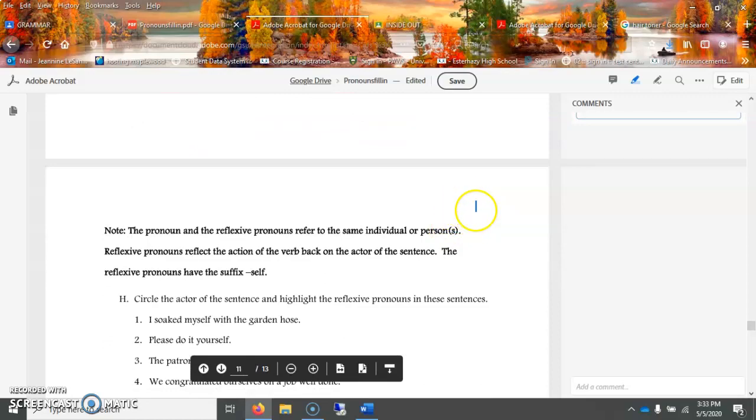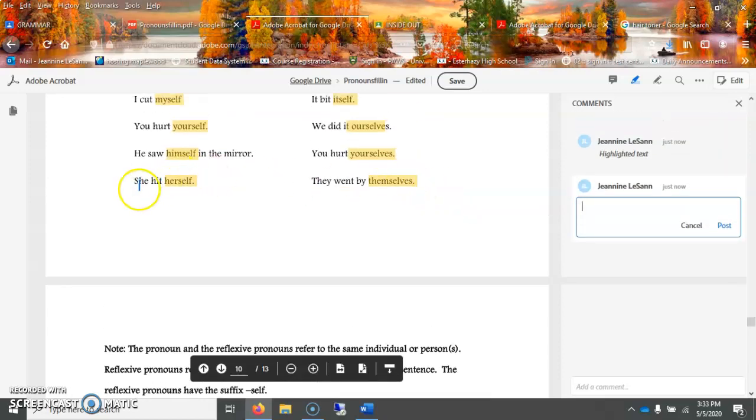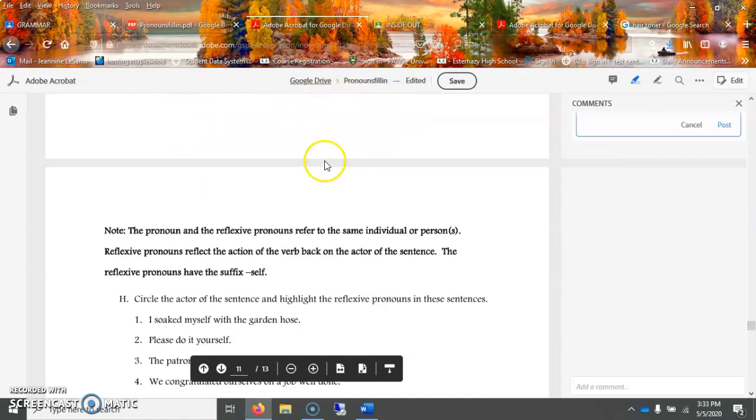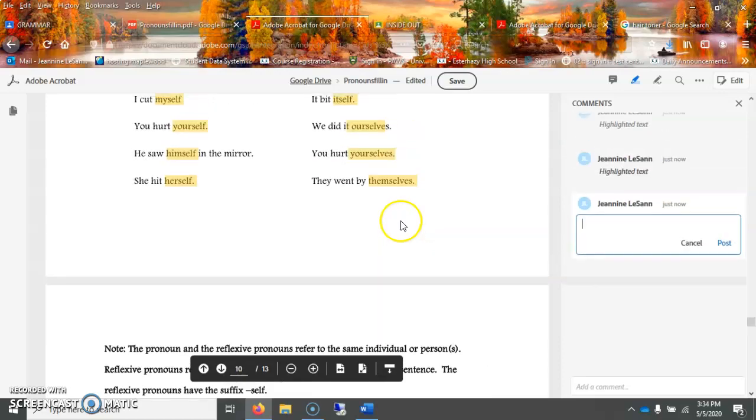Now, note the pronoun and the reflexive pronouns refer to the same person or individual. She hit herself. He, himself. You, yourself. It, itself. So it's really important that you know that. Reflexive pronouns also reflect the action of the verb back to the actor.